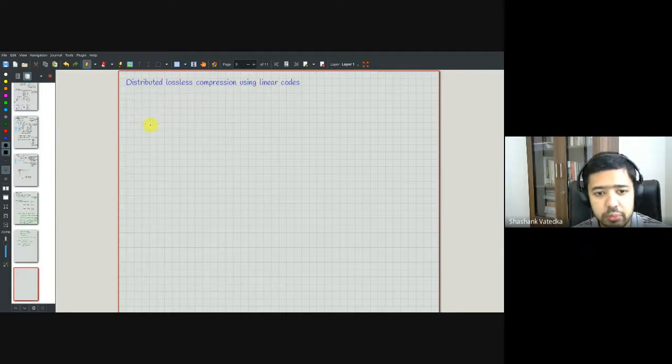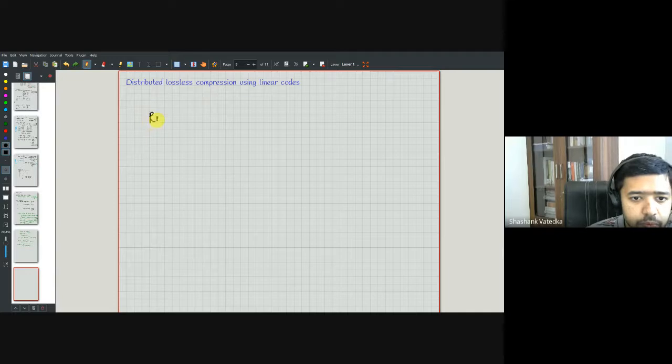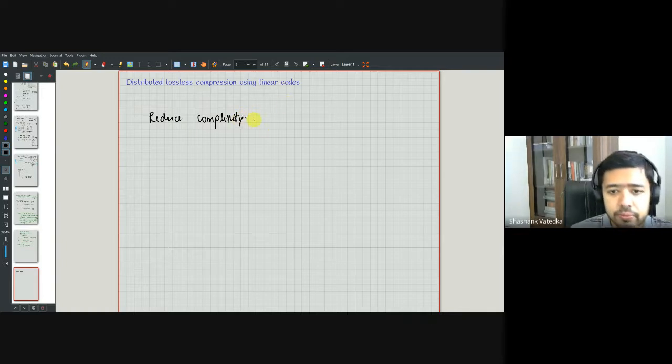One approach that people commonly use for compression is the following. We use what is called a linear code. If you've seen what a linear code is in channel coding, that's fine. If not, it doesn't matter. It is just a matrix, right? So one approach to reduce complexity is to use linear codes.